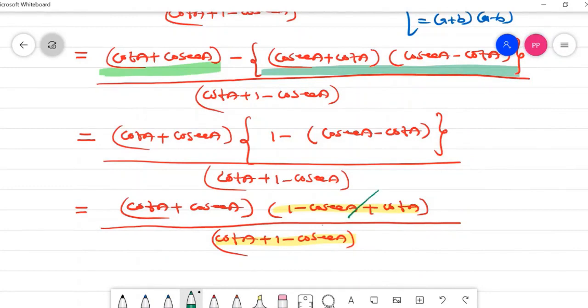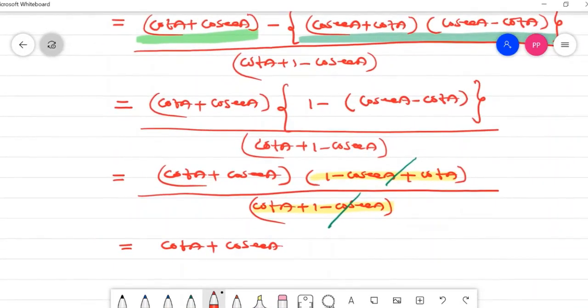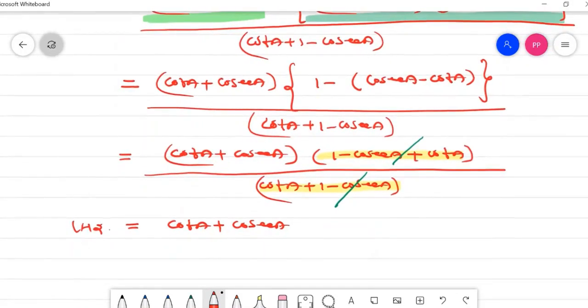So we can cancel it. Hence the term which is left is cot A plus cosec A. So this is our LHS. We got LHS as cot A plus cosec A, and the same thing is our RHS. So we can say LHS is equal to RHS, hence proved.